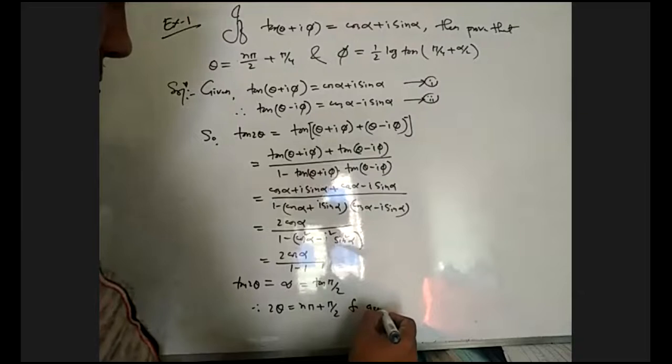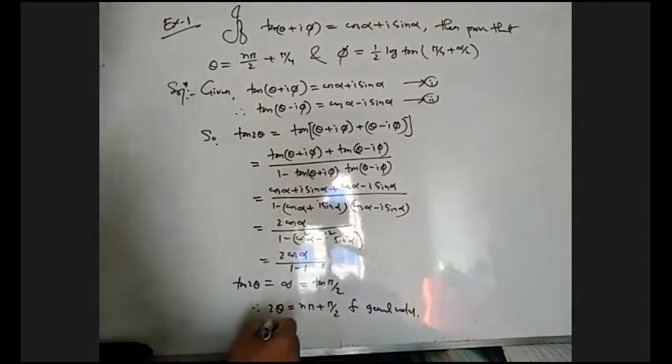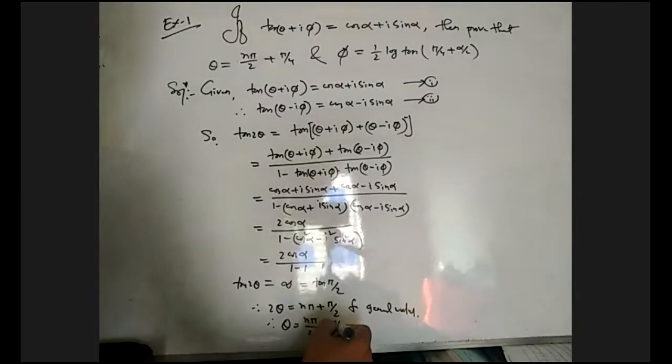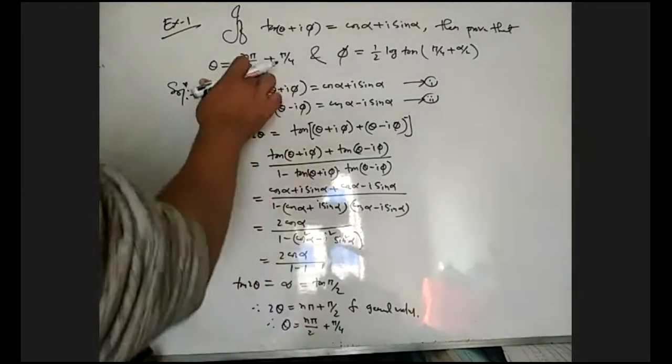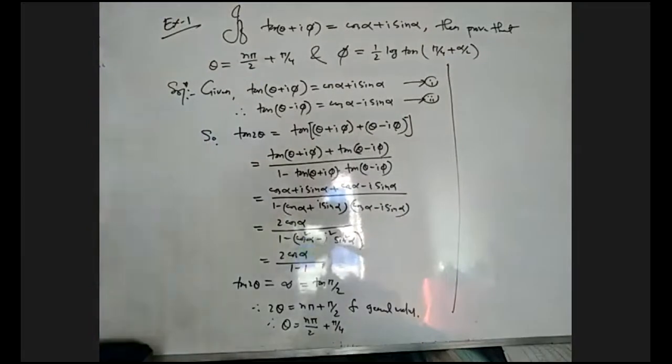Therefore, theta equals, dividing by 2 on both sides, n pi by 2 plus pi by 4. This is the first part of the proof. Now for the second one.